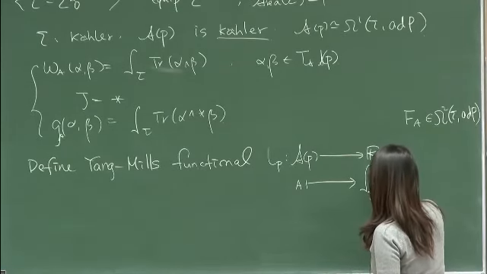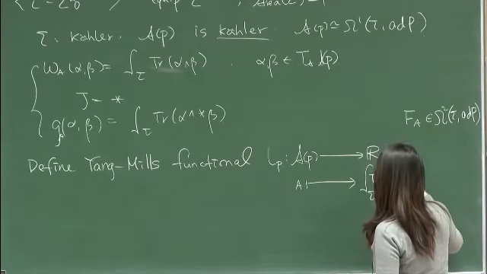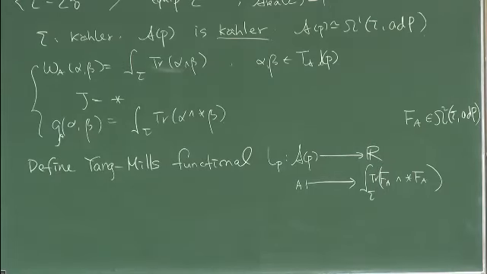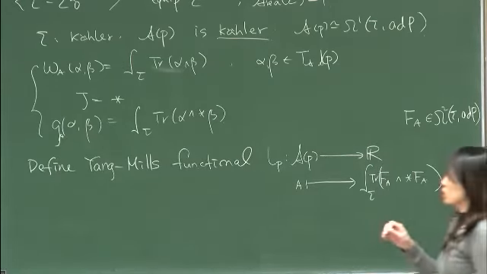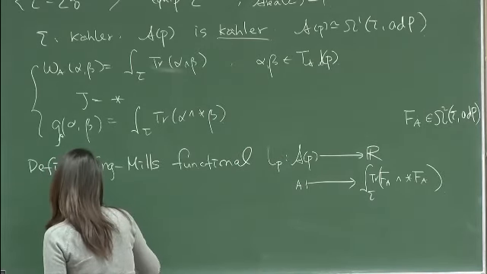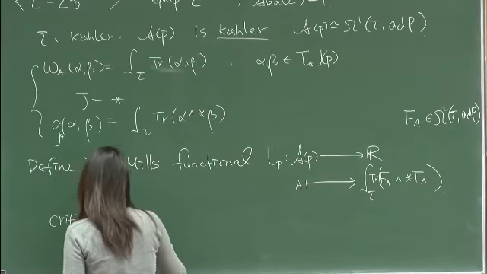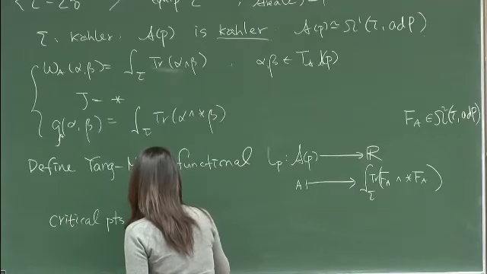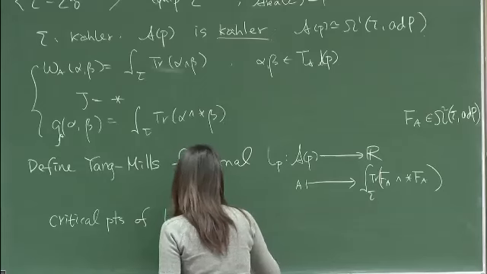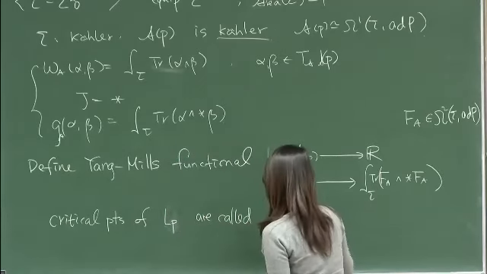So you have the trace of F_A wedge star F_A. This is the Yang-Mills functional, and the critical points of this Yang-Mills functional are called Yang-Mills connections.